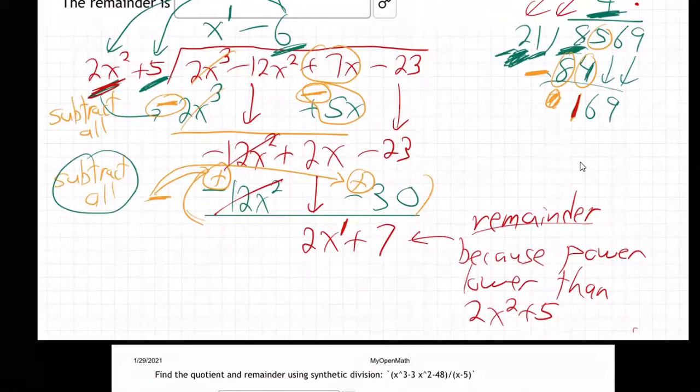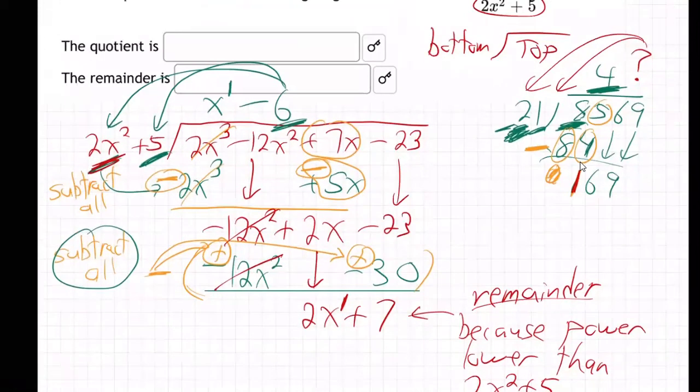So as soon as your power is lower, that's a remainder. Just like if we're doing number long division, let me finish that and then number one up. I put an 8 here. 8 times 21 would be 168. Subtract. 1 would be the remainder.